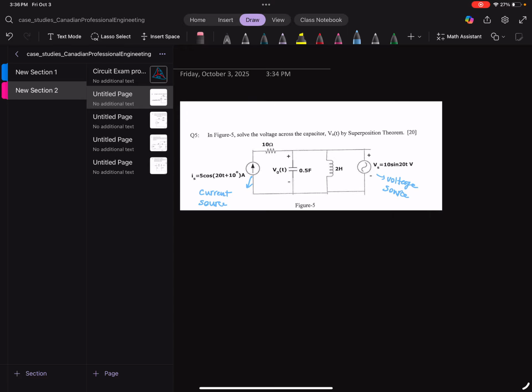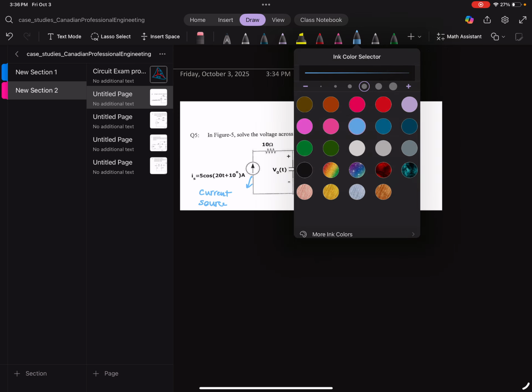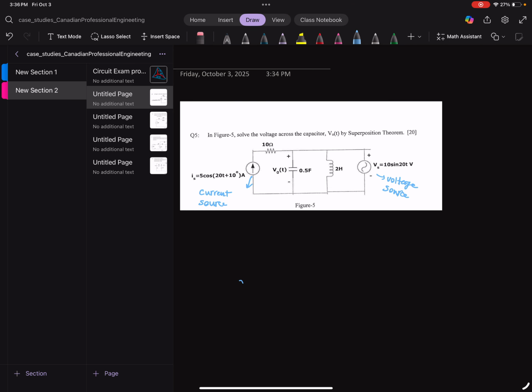The total solution is going to be the addition of your solution from each part. So for example, here, let's do this.